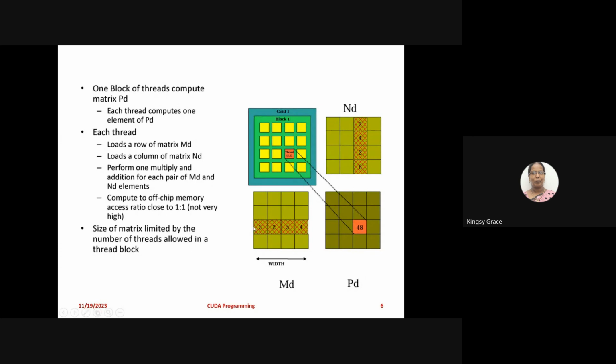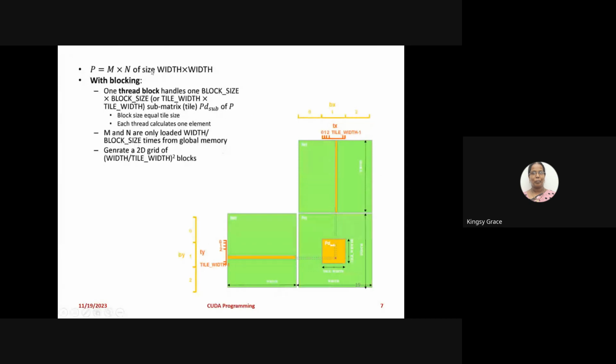So here the row is handled by one thread and the column is handled by one thread. What you have to do is the size of the matrix has to be limited by the number of threads allowed in the thread block. So you have to decide that. One more thing you can consider is the tile width.